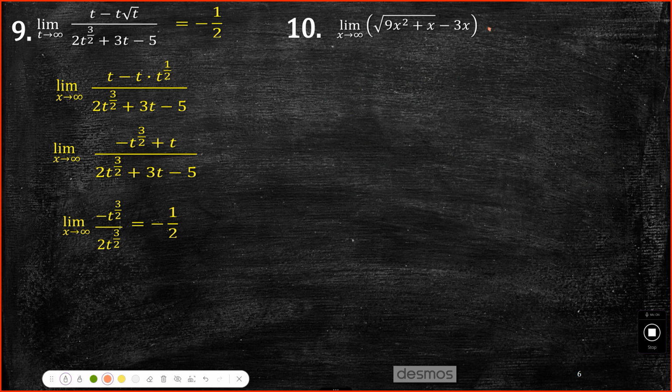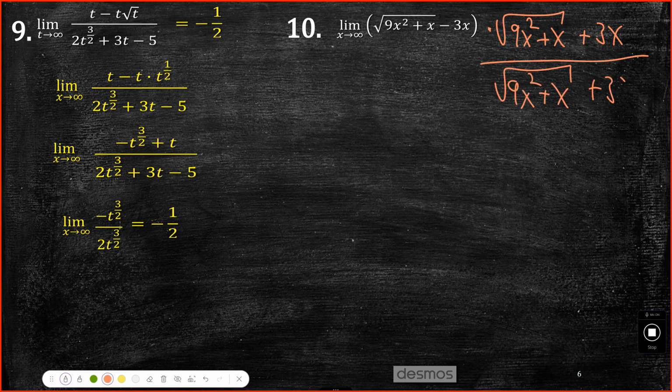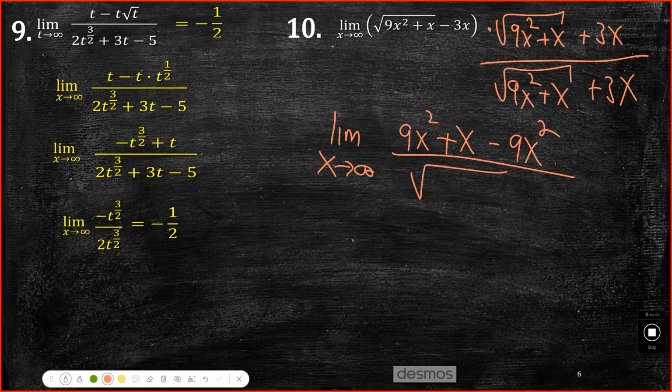So if you do multiply by the conjugate, the square root of 9x squared plus x plus 3x over the square root of 9x squared plus x plus 3x, and we FOIL out the top, we're going to get the limit as x approaches infinity, and on top 9x squared plus x minus 9x squared, over, leave the bottom alone, the square root of 9x squared plus x plus 3x.